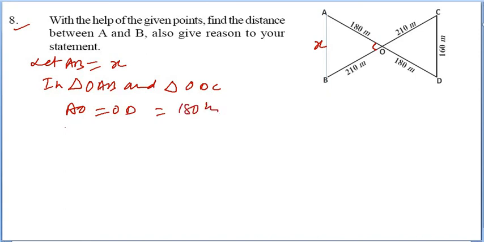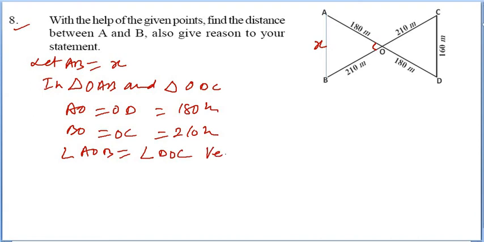And the second, BO is equal to OC is equal to 210 meter. And the angle AOB is equal to angle DOC, because they are vertically opposite angles.